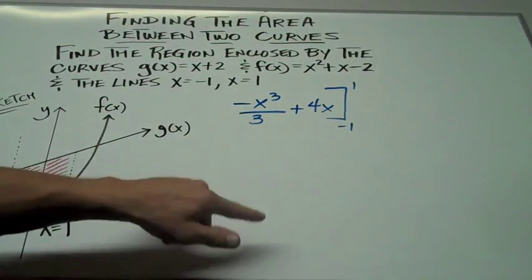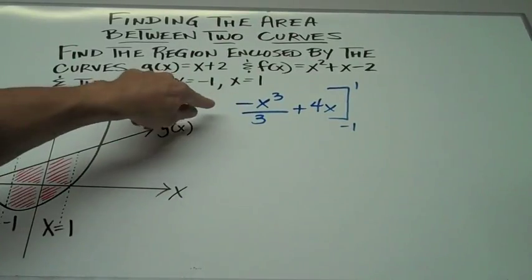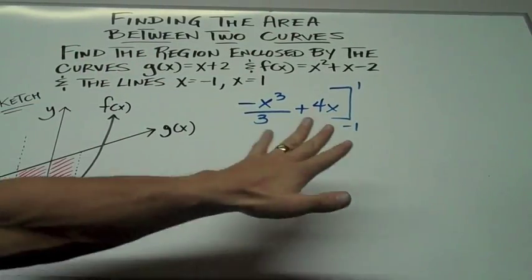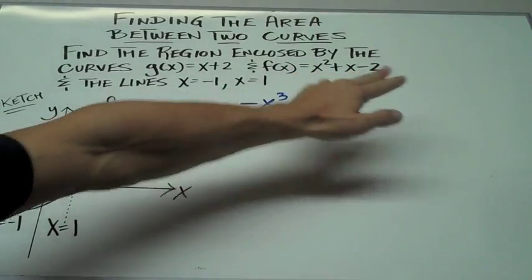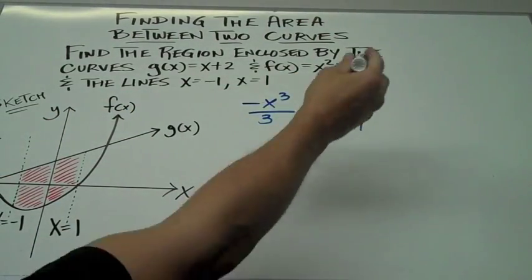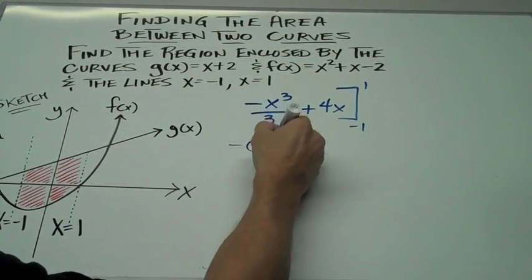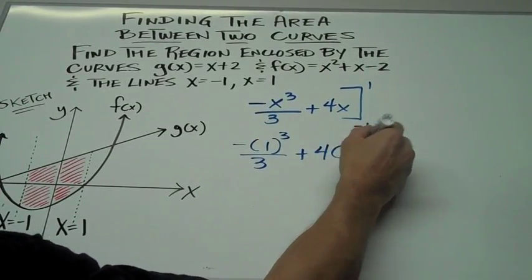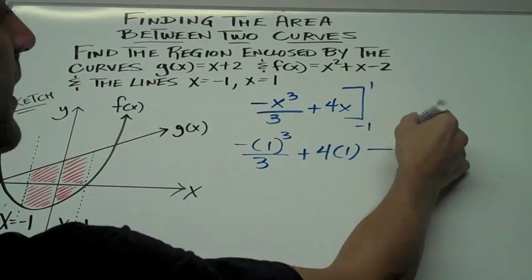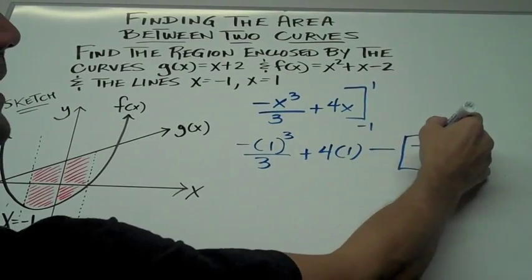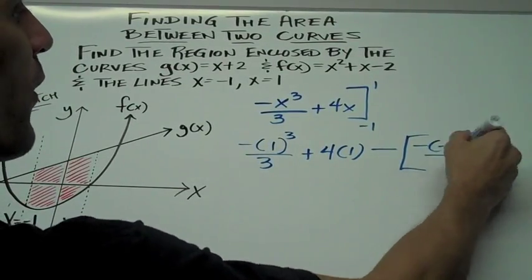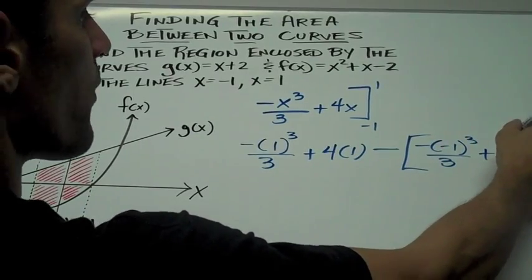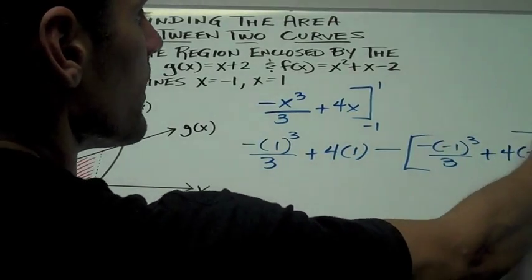In our last step here, I was running out of board space, so I went to the top. This is what I got for my integration. I'm integrating from negative 1 to 1. That means I plug in the 1: negative 1 cubed over 3 plus 4 times 1, minus whatever I got here, negative negative 1 cubed over 3 plus 4 times negative 1.